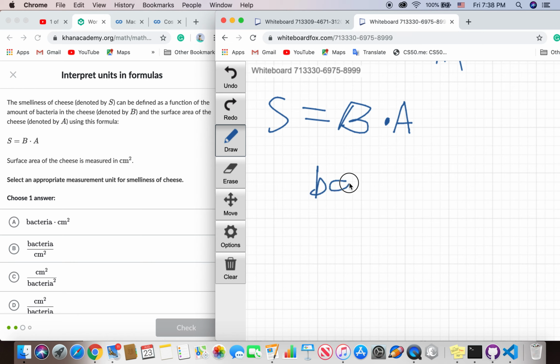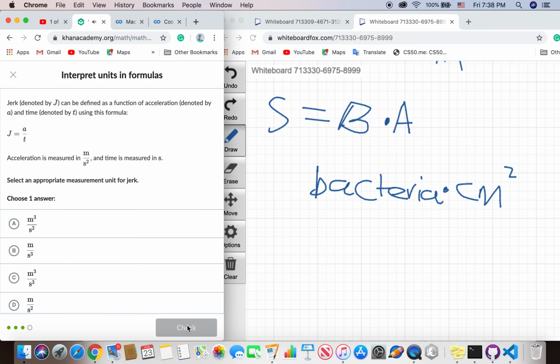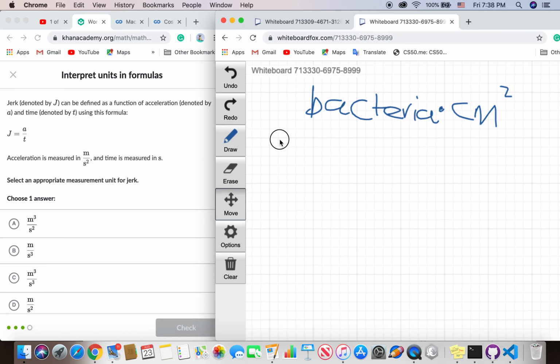So I'm going to write bacteria multiplied by surface area, which is square centimeter. And then it should be this, because I don't find any point in having a fraction. And let's move on to question number 4.